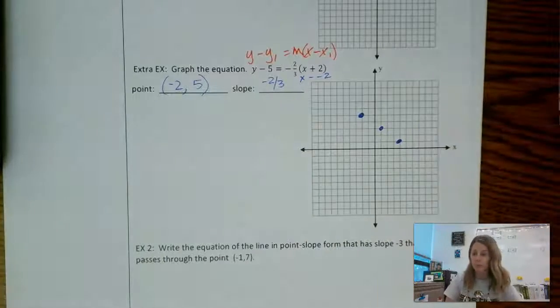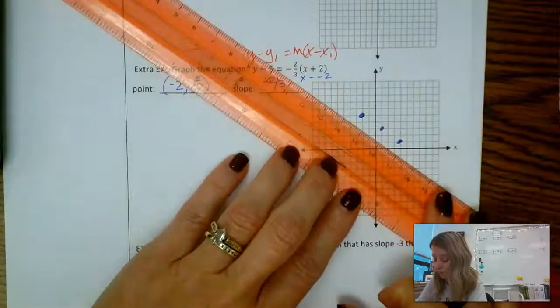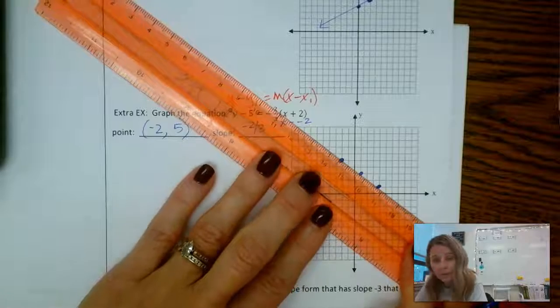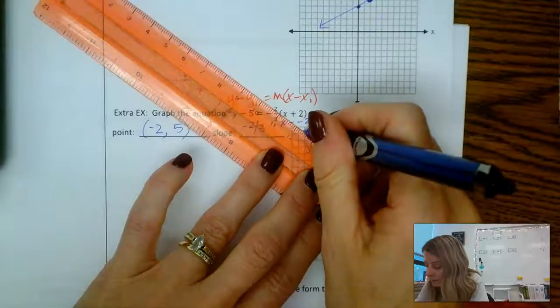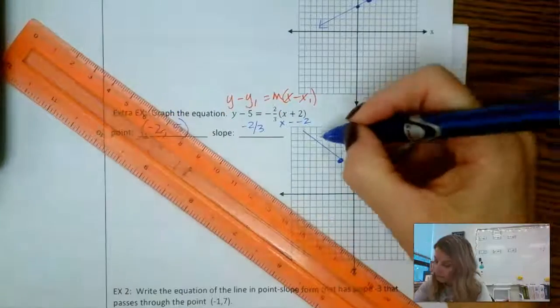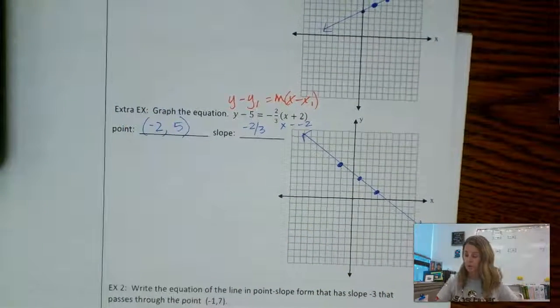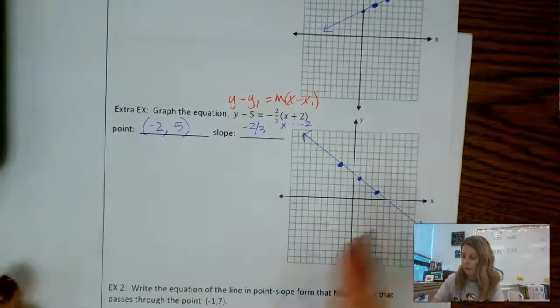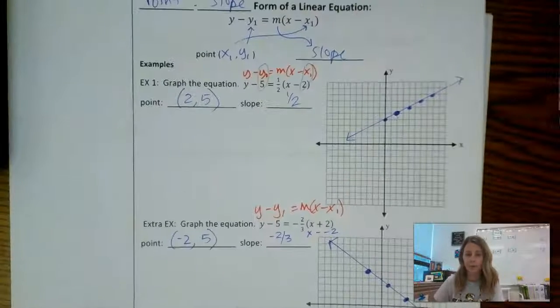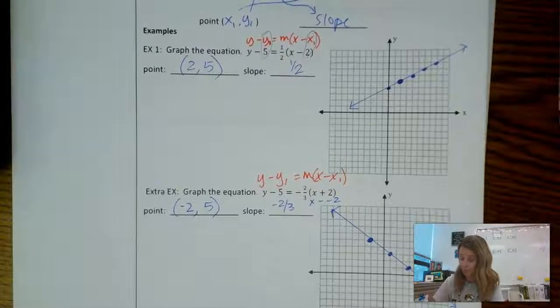And as long as you have 3 points, you can make your line. I would go with 3, not 2. All right, so put your arrowheads on the end, and that would be your line. All right, so that is graphing with point slope form.